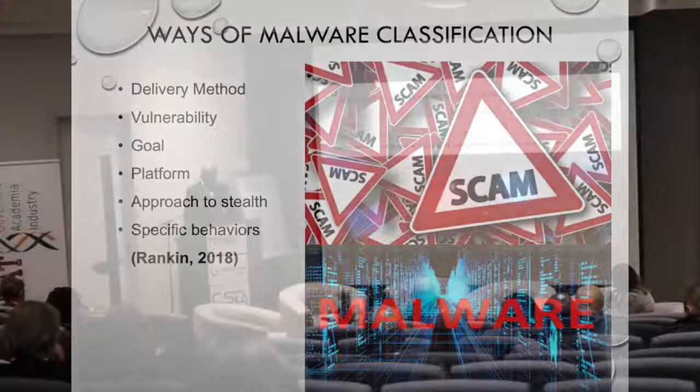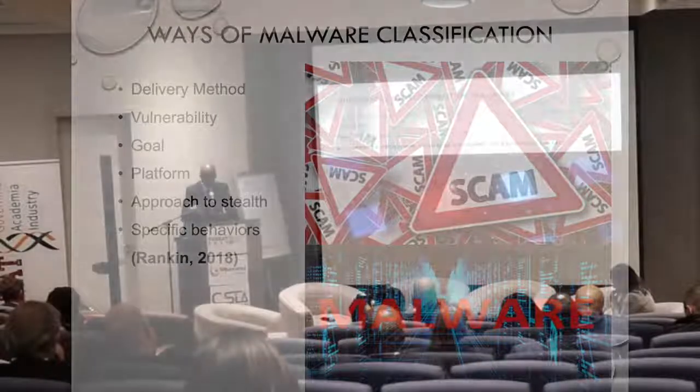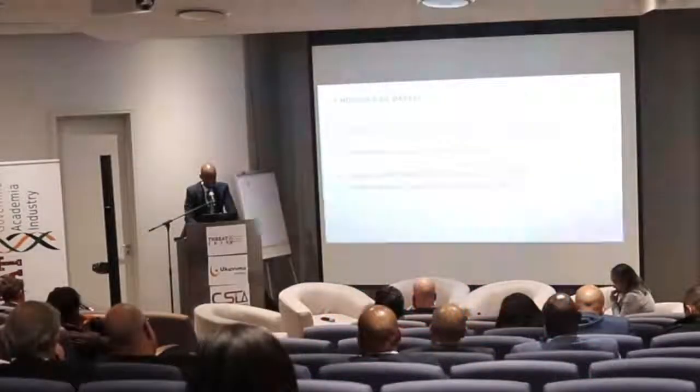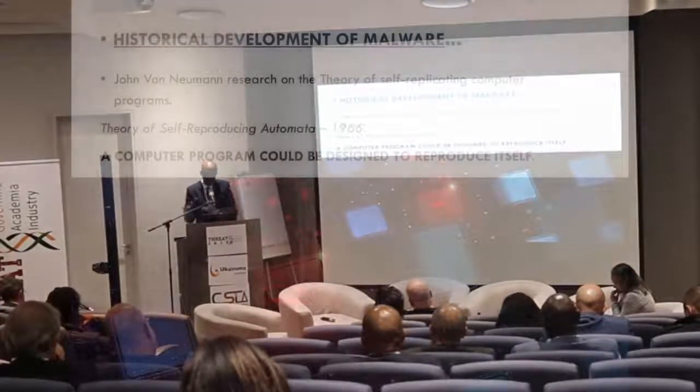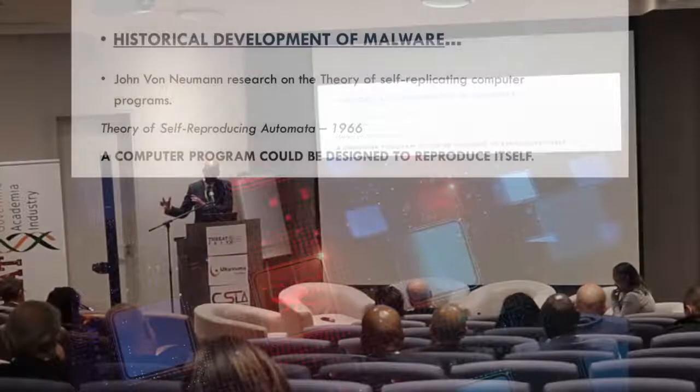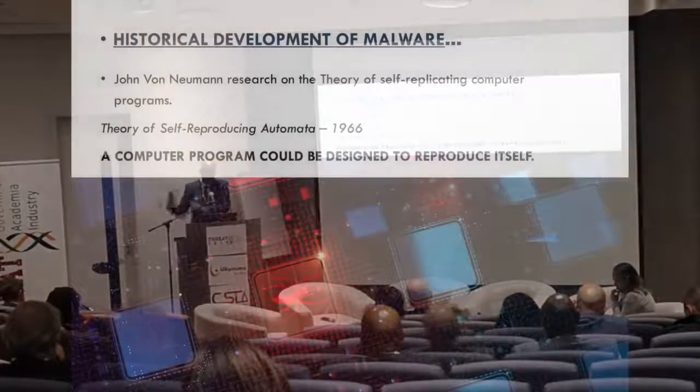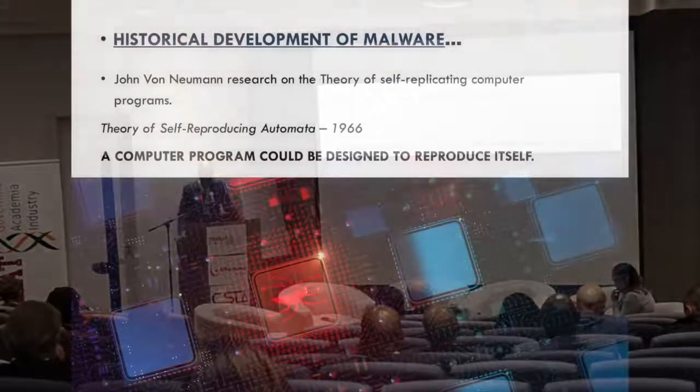I'm not going to go into this because you can read it in the paper. But it also gives a context to understand the development of malware, how it came about, and you look at the patterns, so that fits into your solution as well.